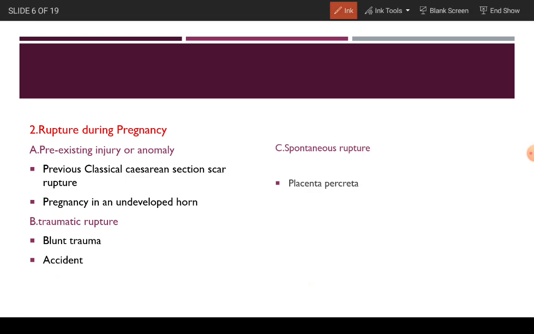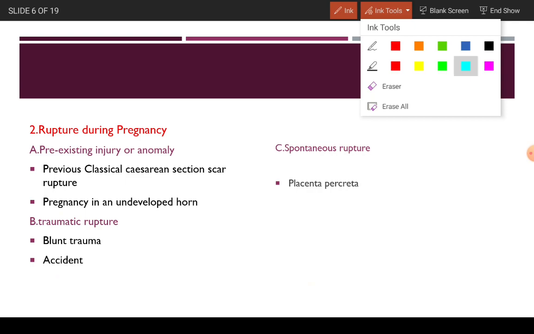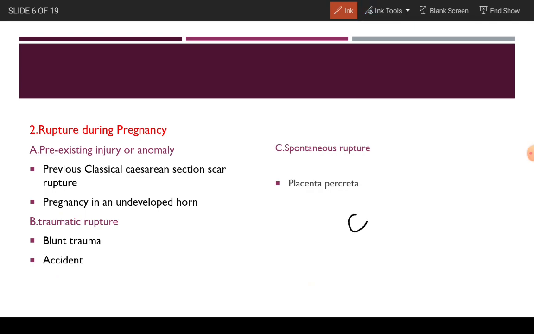Imagine a pregnant lady. What are the reasons why the uterus can rupture during pregnancy?